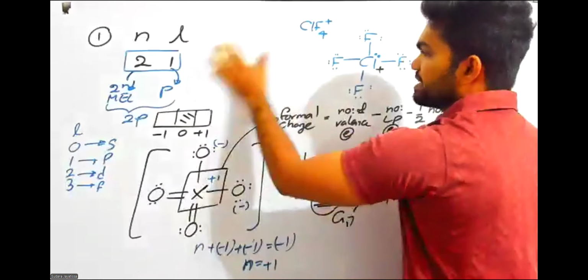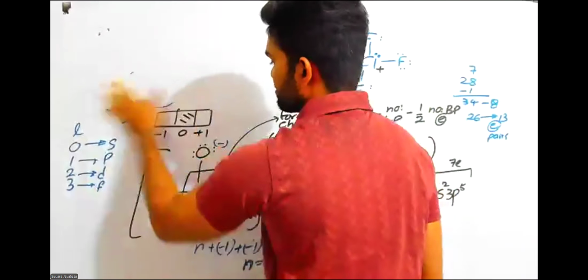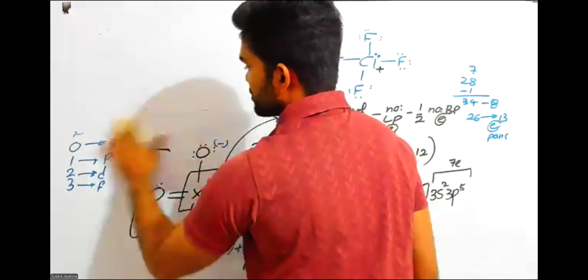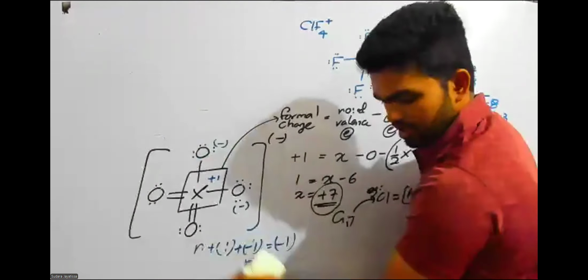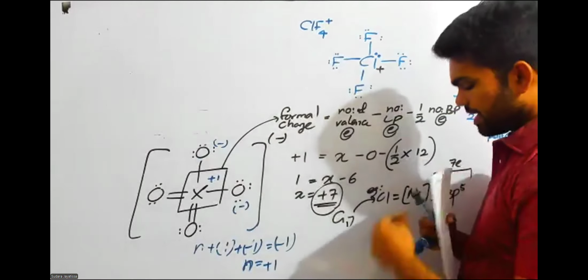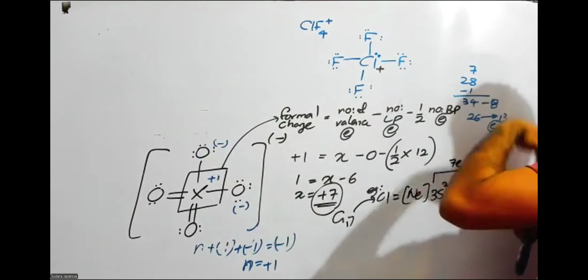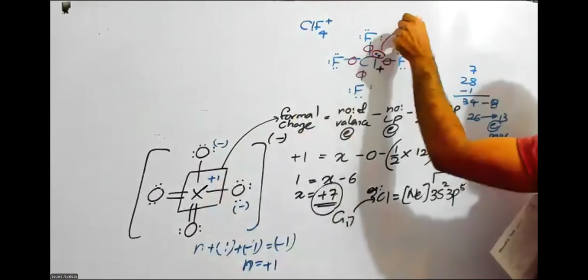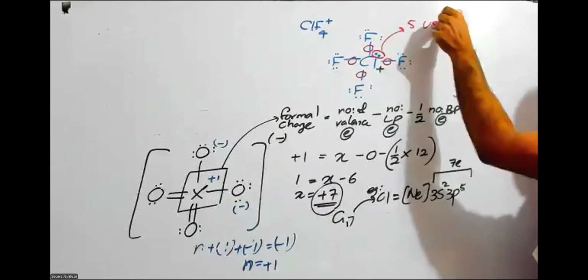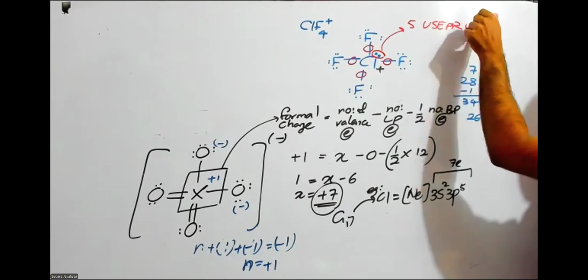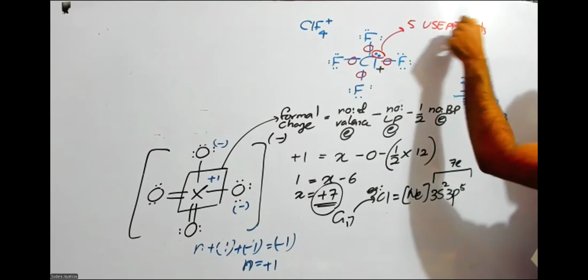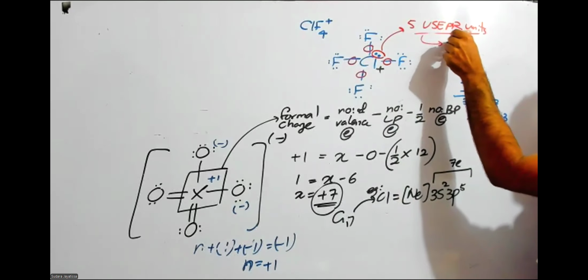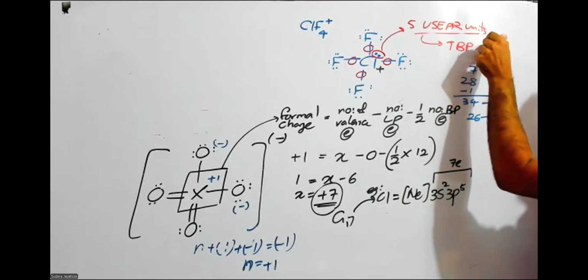So what is the electron pair geometry and shape? Here you have repulsion units around chlorine. So how many repulsion units? You have 5 repulsion units. So 5 VSEPR units. If there are 5 VSEPR units, the electron pair geometry should be trigonal bipyramidal.